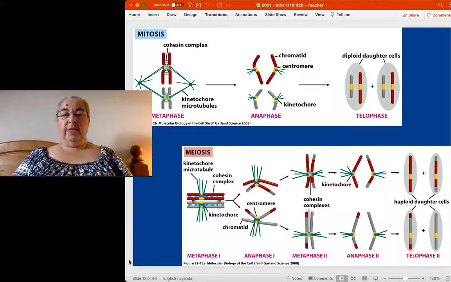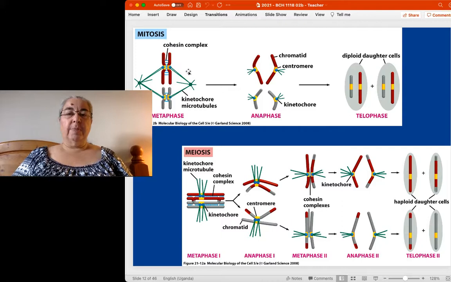So this is what's happening to separate the chromosomes. This is what we saw last time in mitosis. We saw that the chromosomes are pulled apart by the spindle attaching to the kinetochore, and the two pairs of chromosomes that were joined together in the X shape are pulled apart.